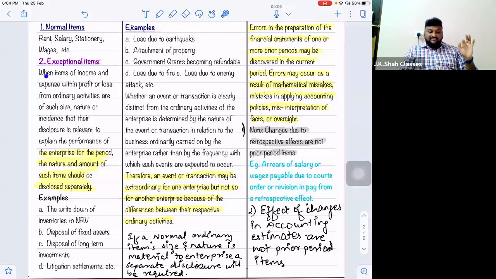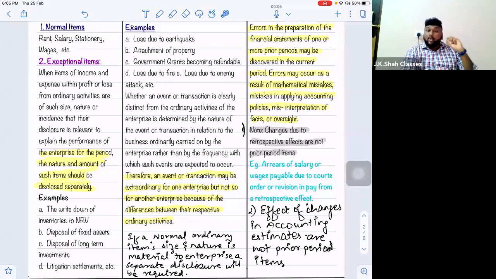If you read this carefully, items of income and expenses within profit or loss from ordinary activities only. So ordinary activities means what? It is operating activities only. So your exceptional items are your ordinary items, but the only thing is their size and nature is very material for you, or their happening is very much material for the enterprise.